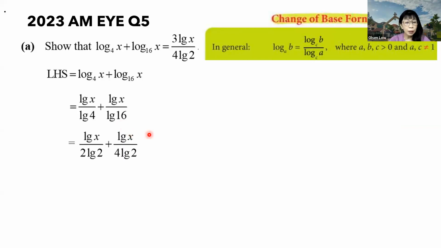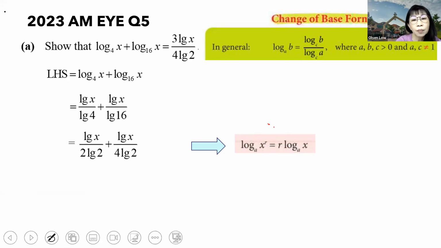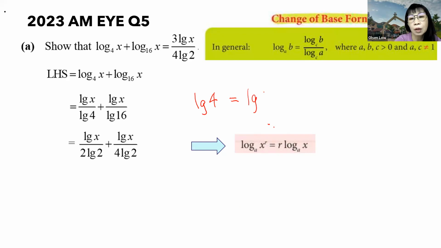Once I have done that, I will proceed to simplify the log expression. I'm not too sure if you are able to observe, we are actually applying the third law, that is the power law. We can see that log base 10 of 4 is actually the same as log of 2 to the power of 2, because I can rewrite 4 as 2 squared.